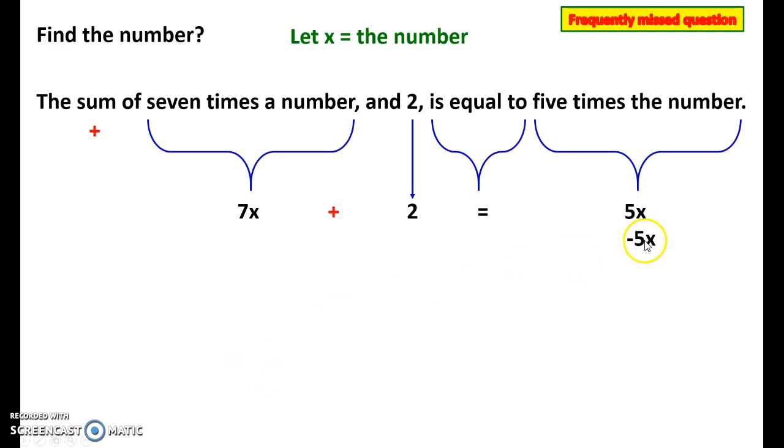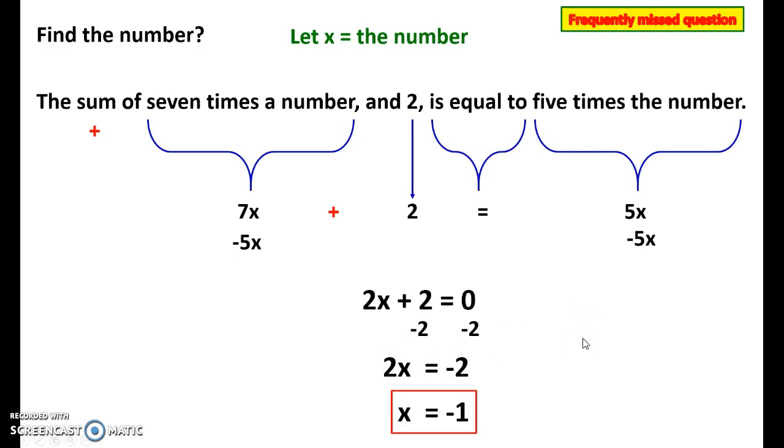Now we're going to subtract 5x from both sides because I want to keep my variable positive. What is 5x subtract 5x? Yeah, it's 0. Don't be afraid to use 0. 0 is a number. Now I'm going to subtract 2 from both sides and divide both sides by 2. Okay? You can plug x of -1 back in here and make sure you get a true statement.